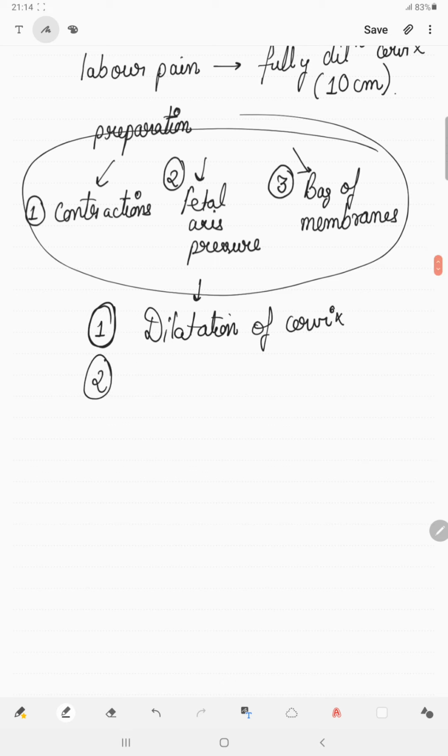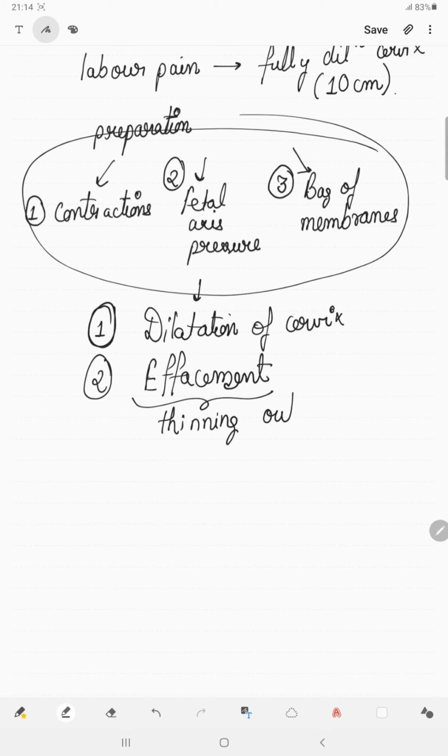Second thing that would happen in the first stage itself is the effacement. Now what do I mean by effacement? Effacement means thinning out, right? The cervix has to thin out in order for the baby to pass.